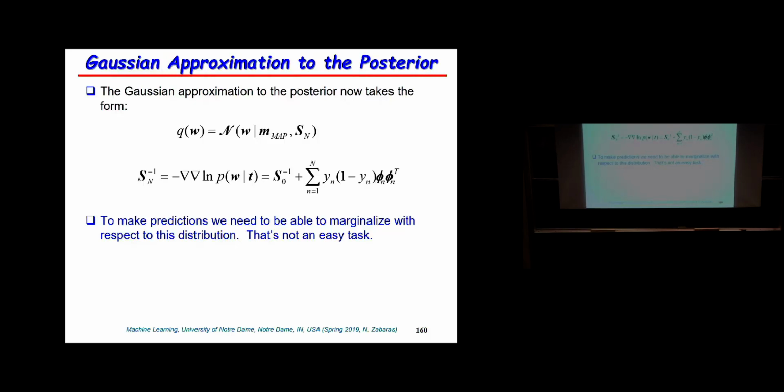When I was showing you before different samples of the separating hyperplanes, effectively you can think in a Bayesian setting: you sample from W, and for each sample of W you have a separating hyperplane defined by W transpose times phi.